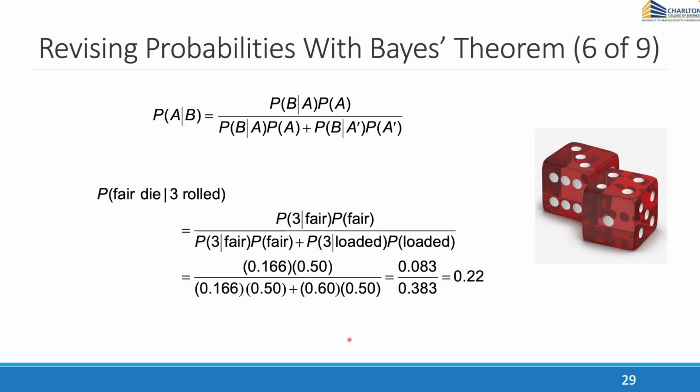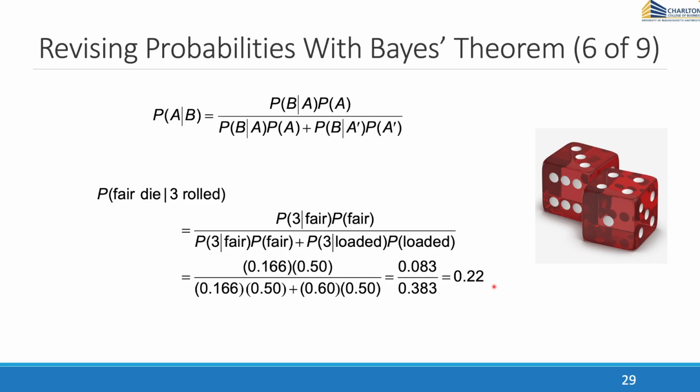Now we can use Bayes' theorem to calculate the probability of selecting a fair die knowing that we rolled 3. That's equal to the probability of getting 3 knowing that it's fair multiplied by the probability of fair, divided by the probability of getting 3 no matter if it's fair or loaded. So we just need to substitute the numbers and get the result. There is a 22% chance that we selected the fair die given that we rolled 3.